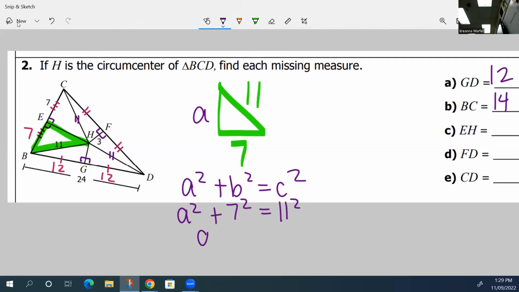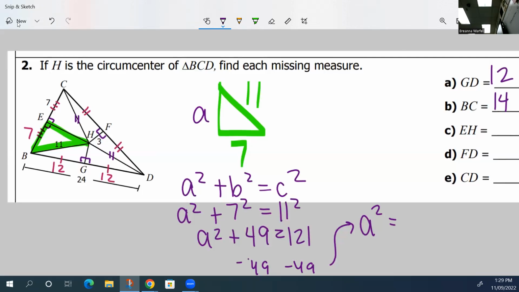A squared plus 49 is equal to 121. You're going to subtract 49 on both sides. So you have A squared is equal to 72. And take the square root. And so A is about 8.5 if you round.